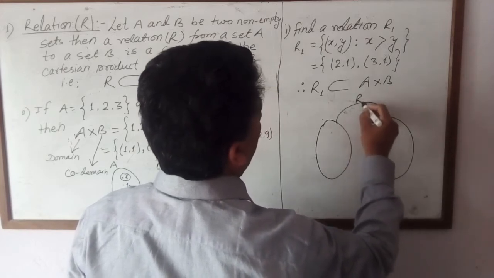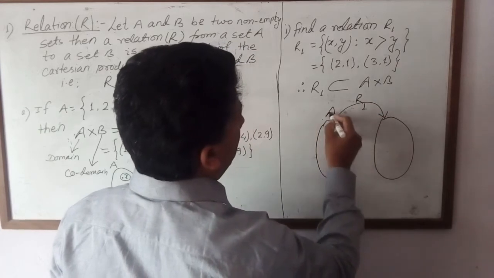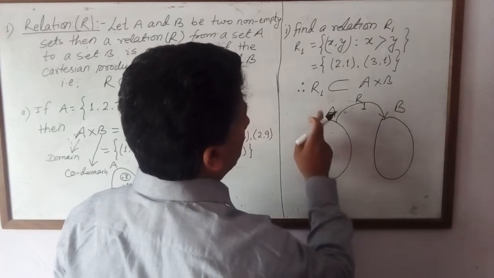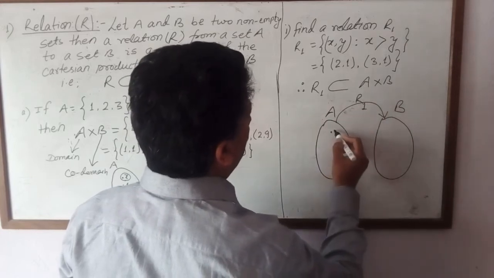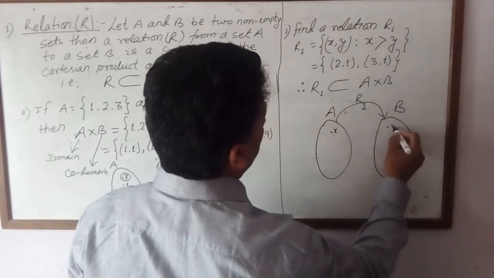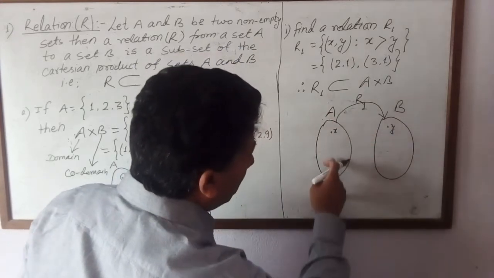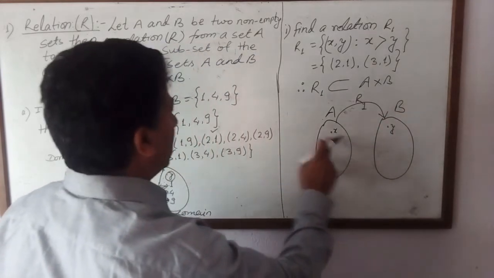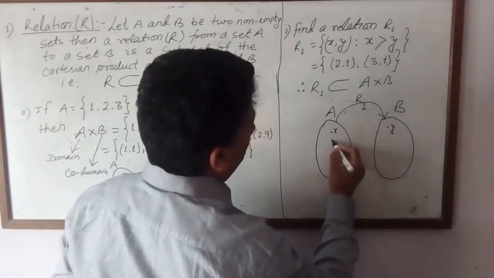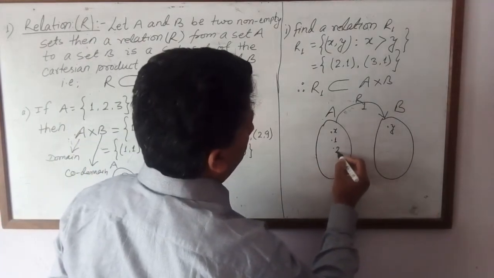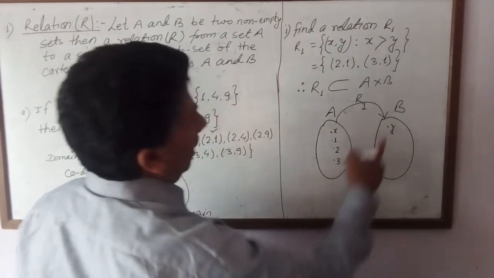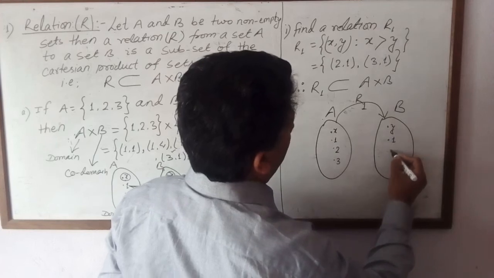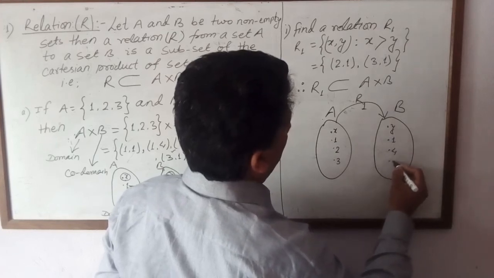This one is R1, this one is set A, this one is set B. This R1 relation we have defined from set A to B. Now here I write X, and here Y. This X represents all the elements of set A, this Y represents all the elements of set B. This X has three elements, they are 1, 2, 3, and set Y also has three elements, they are 1, 4, and 9.